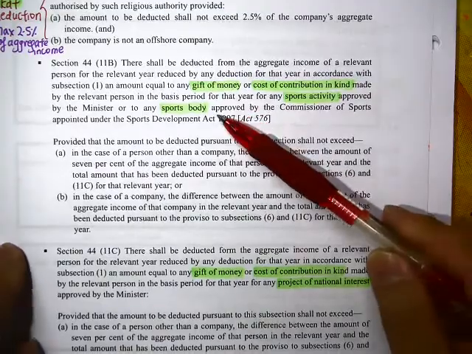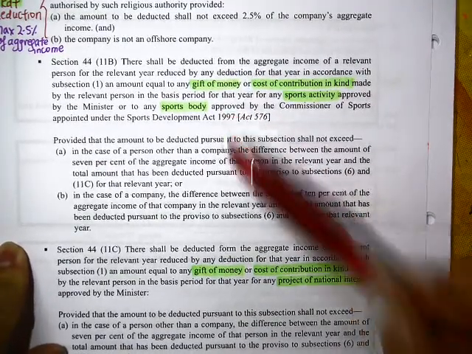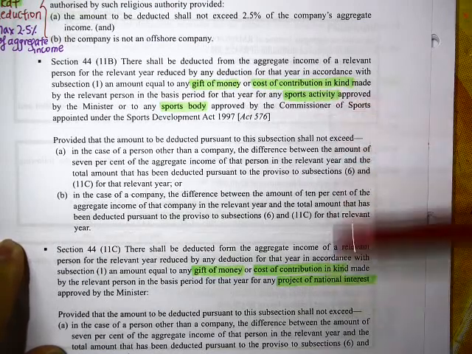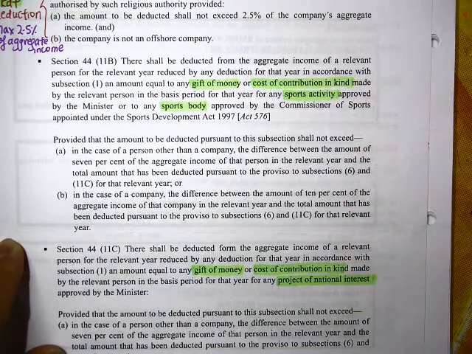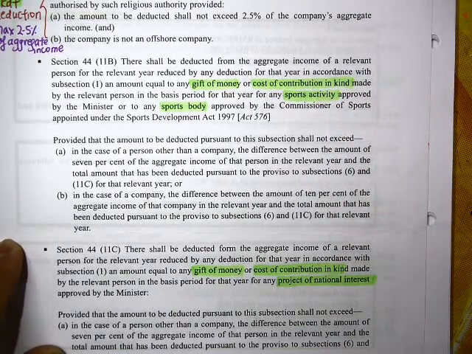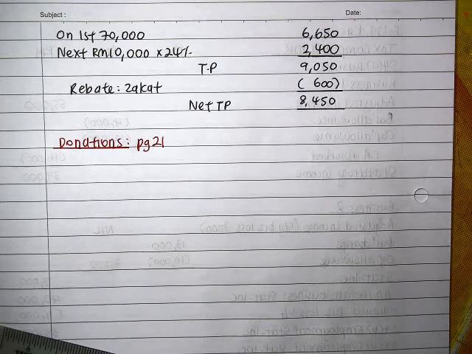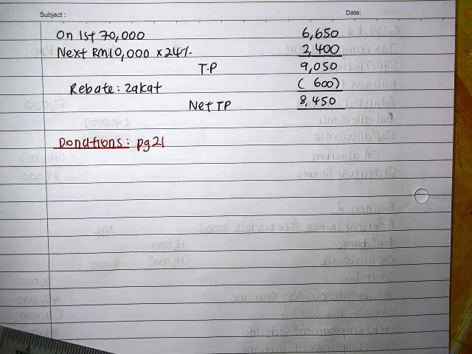One is for sports. The other one is projects of national interest. These two you will need to see how to work out the figure. There's a working. I'll work it out straight away together using an example to show you how to derive the figure. Okay. So all that are the donation rules that we have. You have to remember all of them.